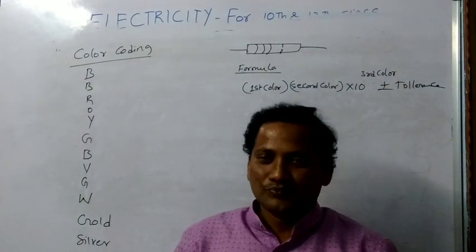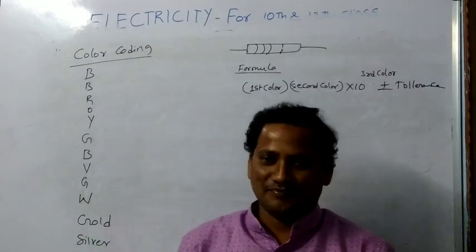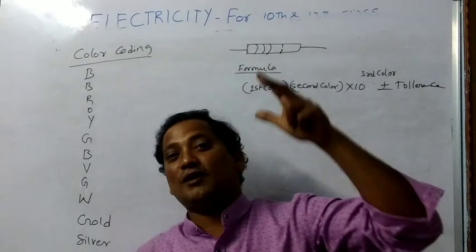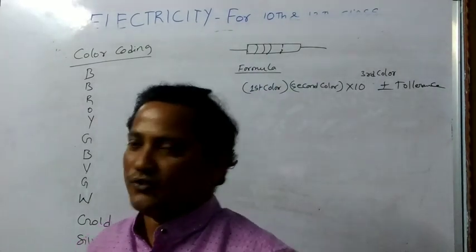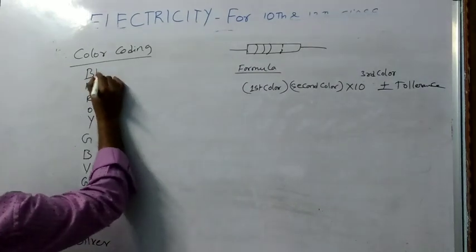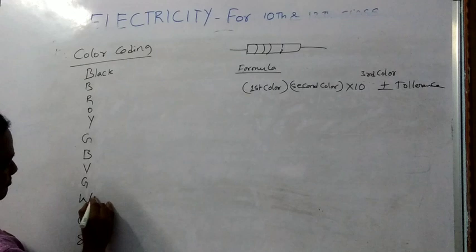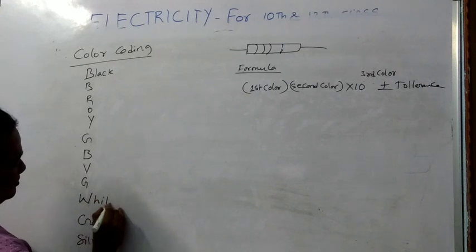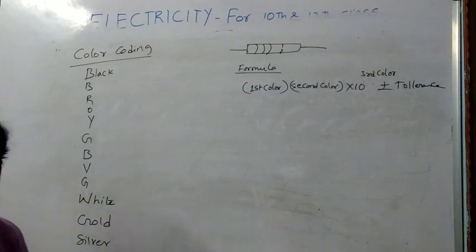In general, all colors will be present between black and white. The first B stands for black and W stands for white. Between black and white, the remaining colors are present.